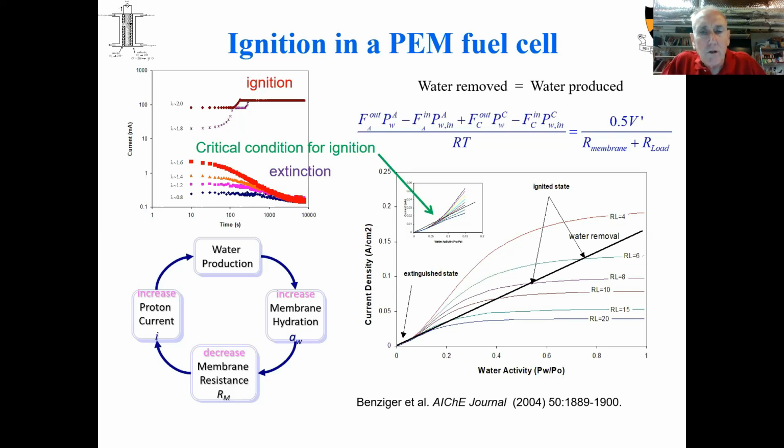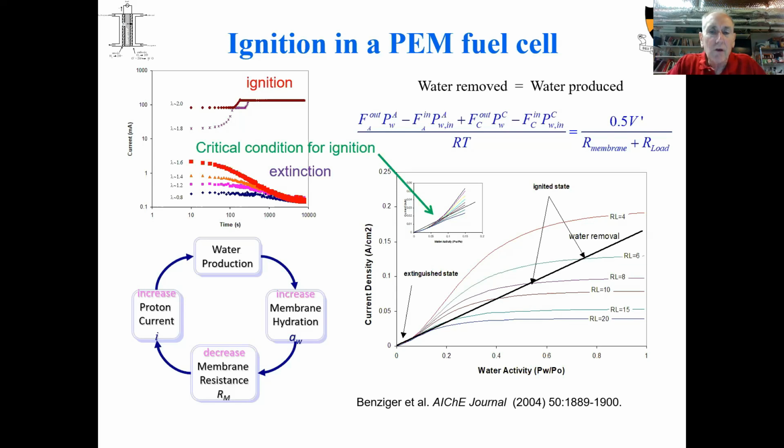In the fuel cell, we have a balance between water removal and water production. And so what we find is that at low conditions where we're not producing enough water, the fuel cell is drying out and it's extinguishing.